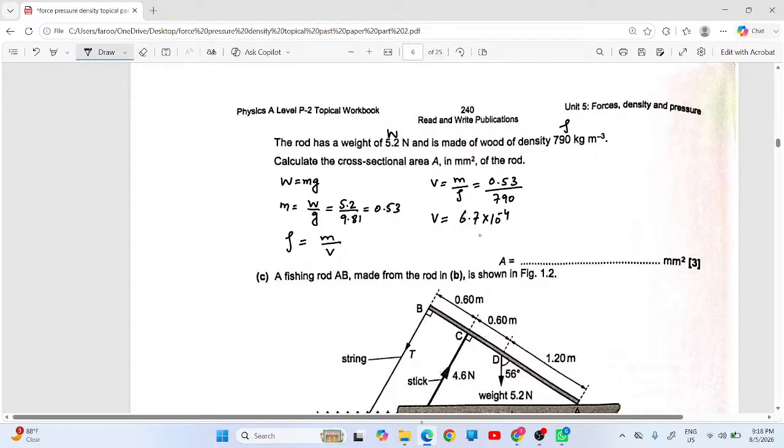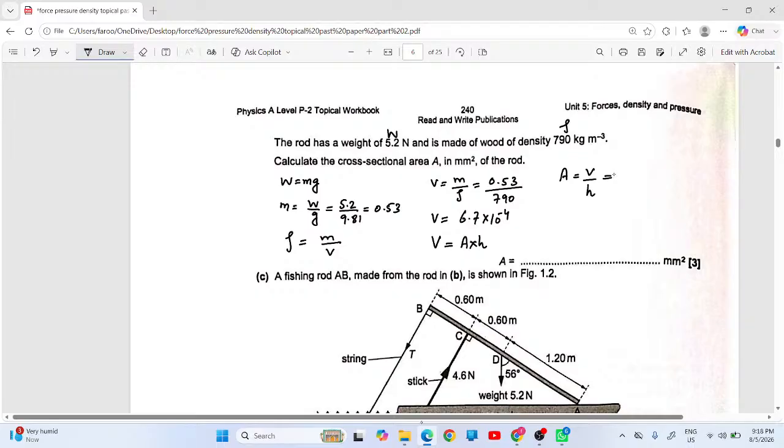Okay, next is, we know that volume equals area into the height. Height in this question is the length of the rod. So area equals volume over height. Height is basically length here.